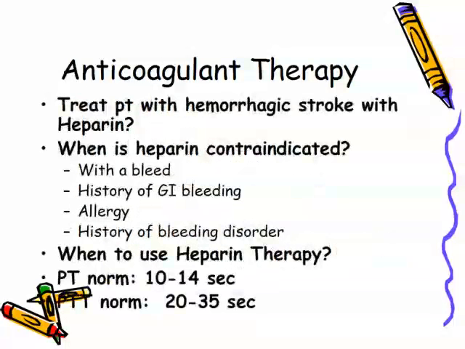Anticoagulant therapy is also going to be something used for the patient with an ischemic stroke. We would never use this for a patient that had a hemorrhagic stroke, obviously. So heparin therapy is going to be contraindicated for any patient that has a history of bleeds, such as GI bleeding, or has an allergy to heparin, or has some sort of bleeding disorder and that type of thing.